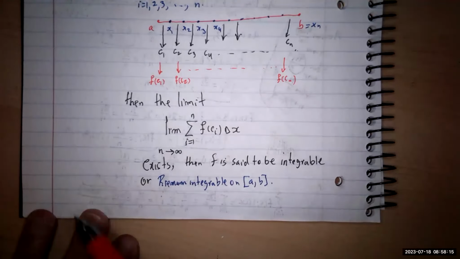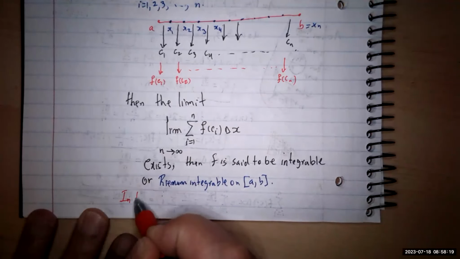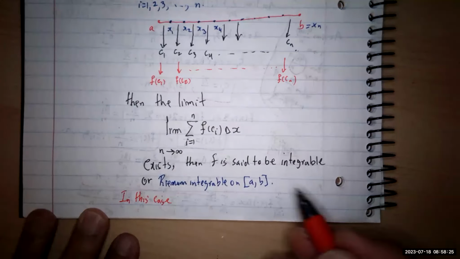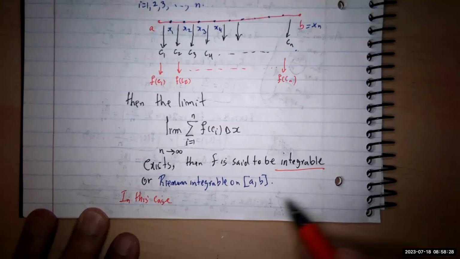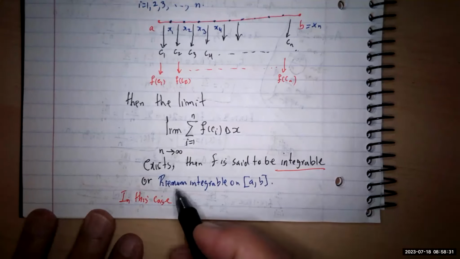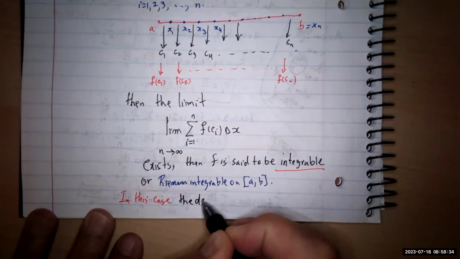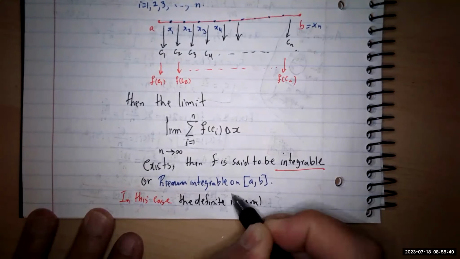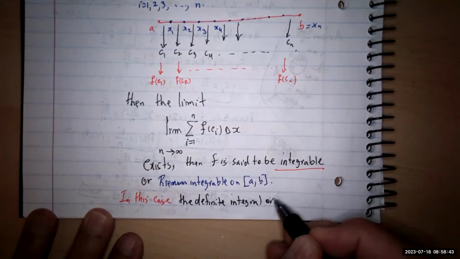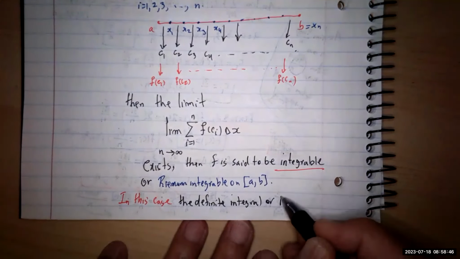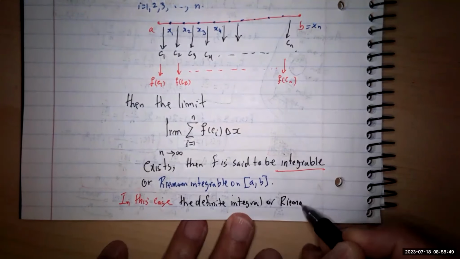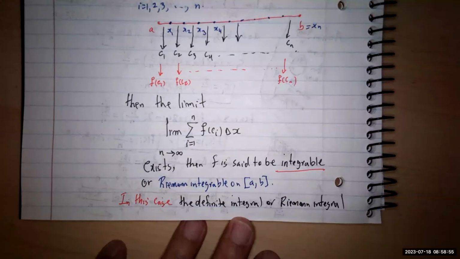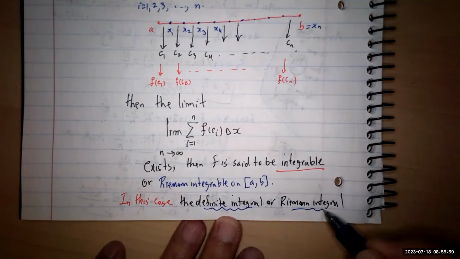So in this case, that number is what we call the definite integral, or the Riemann integral.